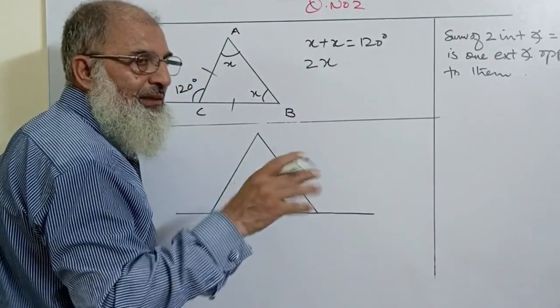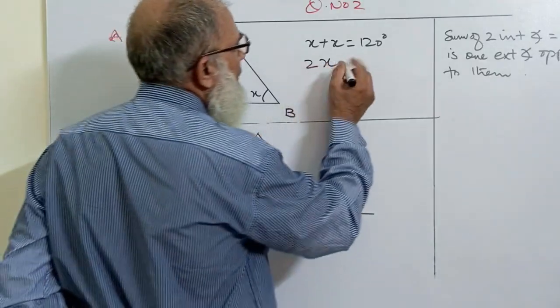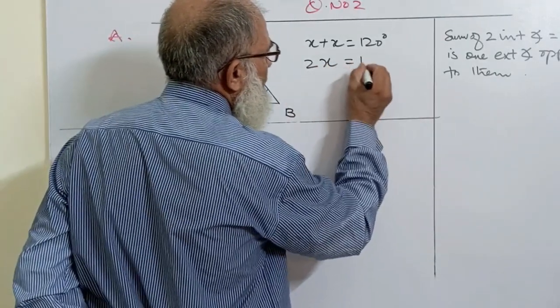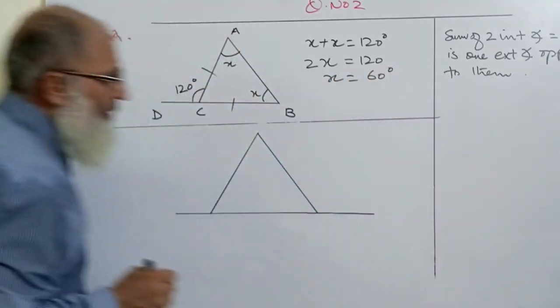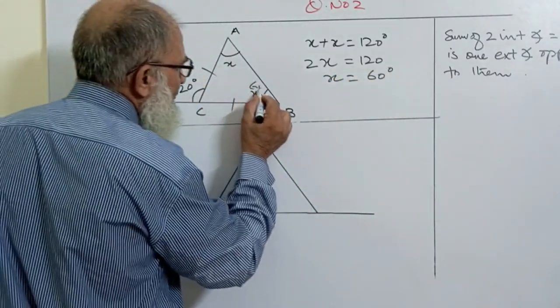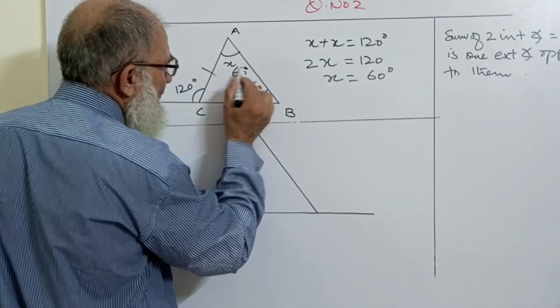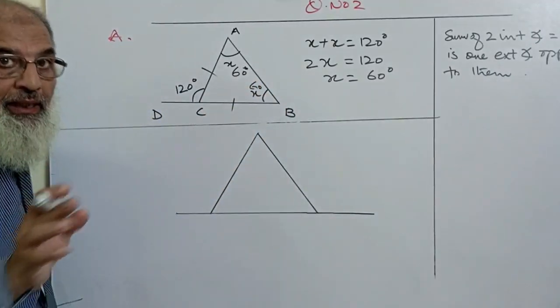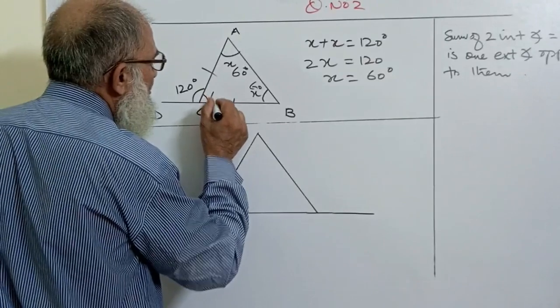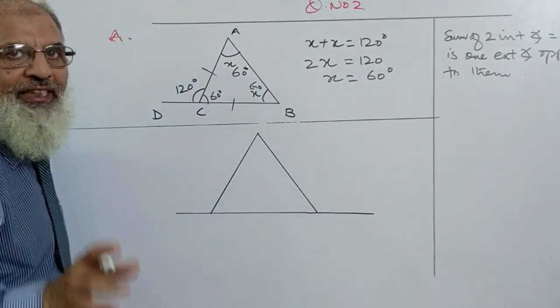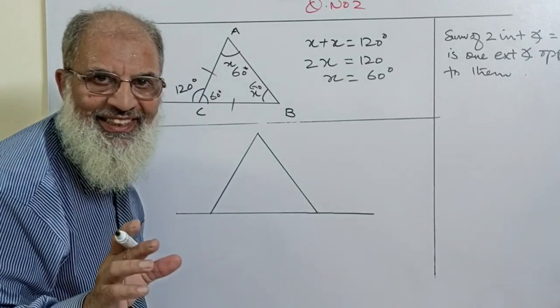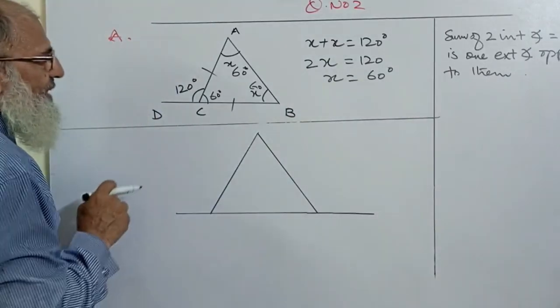And I will just tell you one thing more. Now this is 2x is equal to 120, x is equal to 60 degrees. Now if one angle is 60 degrees, another angle is 60 degrees, then automatically the third angle is 60 degrees as well, and it is not an isosceles triangle, it is an equilateral triangle.